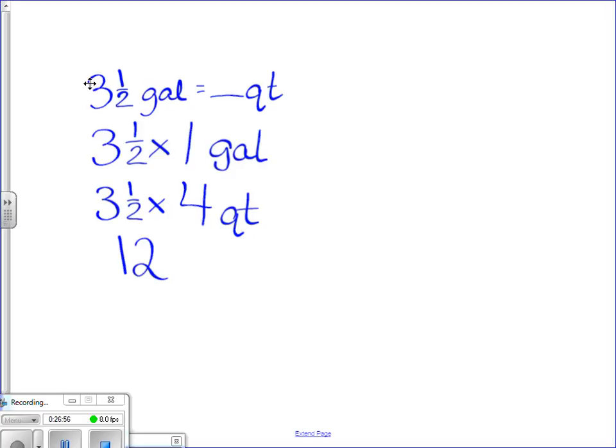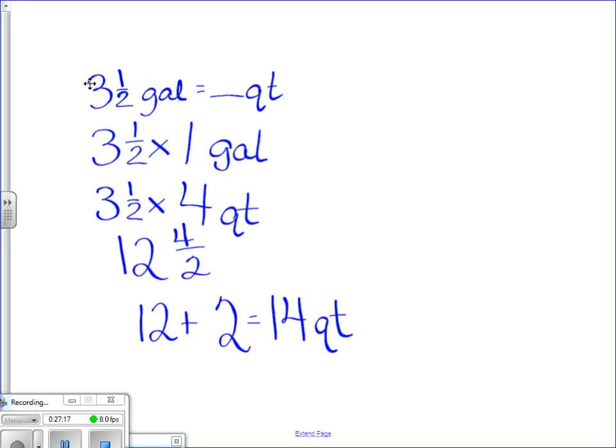Nope. 4 times 1 is 4 over 2. Equals 14. Yeah, not 13. So I have 12. 4 over 2 is 2.